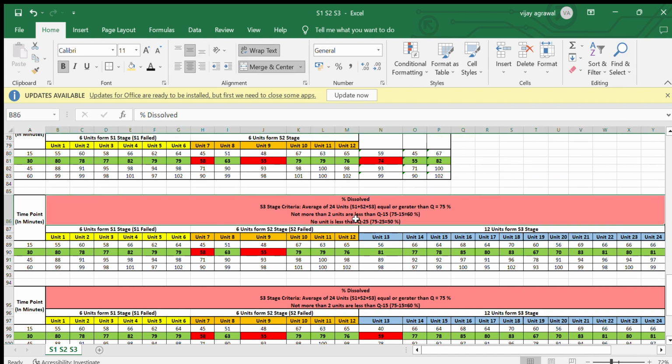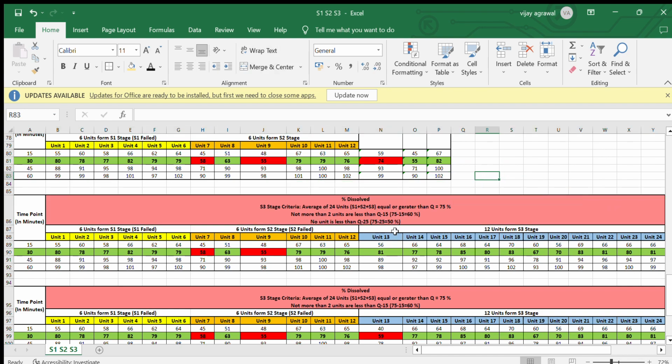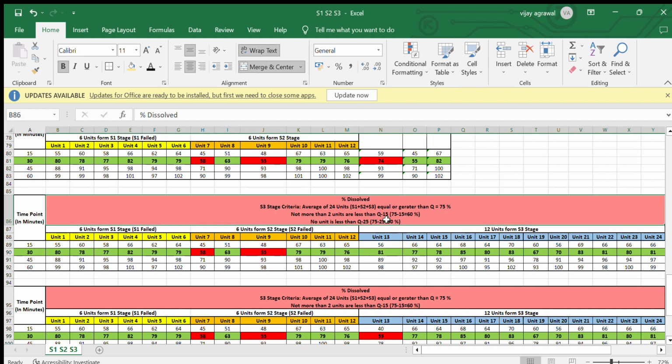In S2 stage, not more than 2 units are less than Q minus 15. So if that is failed, you are coming to S3 and S3 giving you another relaxation that no unit is less than Q minus 15. Now you have 2 units less than Q minus 15. So you are performing the S3 stage.